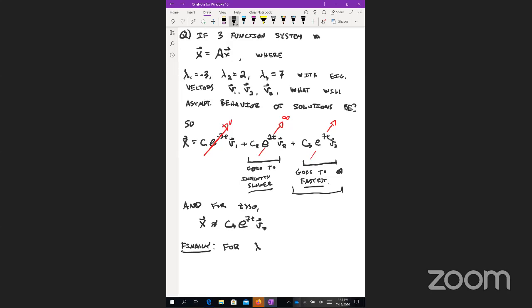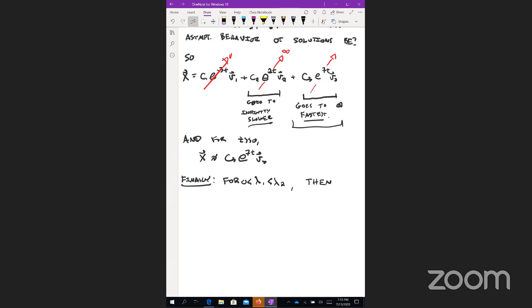if we happen to have lambda 1 and lambda 2, and let's order them, it's just going to make life easier, greater than 0, then we call this an unstable node.